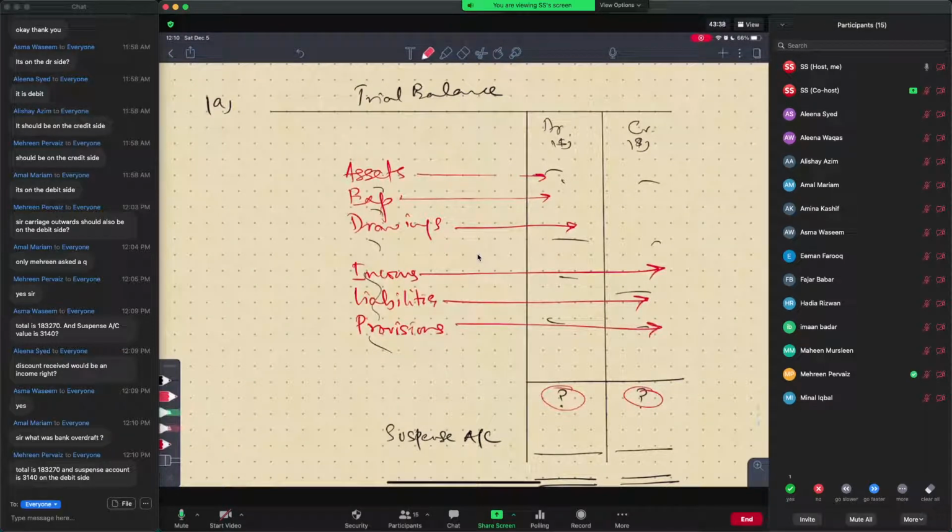The debit side total is 183,270 on the debit side. Okay, so the credit side total is bigger. So the credit side total is 183,270. And what is the debit side total? We know the suspense account is 3140 here, but what is the total on the debit side? Must be 183,270 minus 3140.